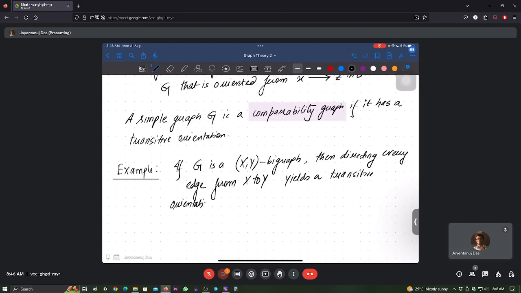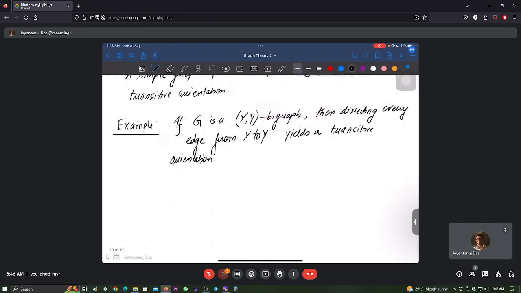So what is happening here is, G is a bigraph. So these are the two partitions X and Y. Some vertices are here, suppose, and some vertices are here. Any edges I have, I give the direction from X to Y. So this is the direction, right?